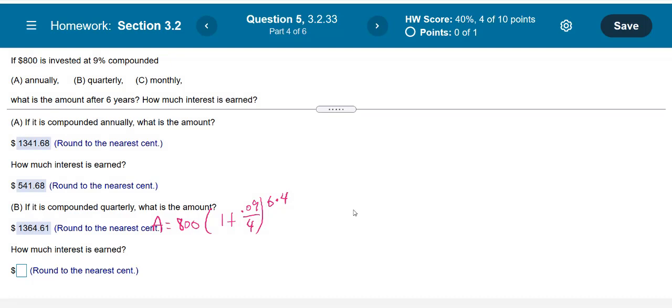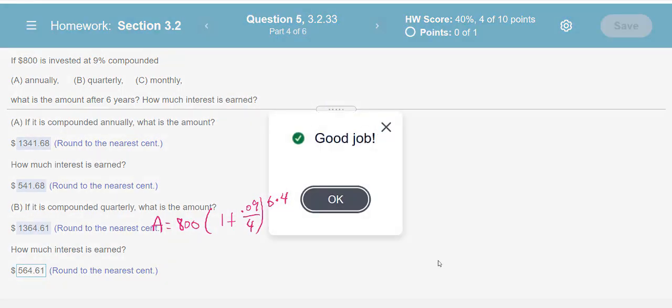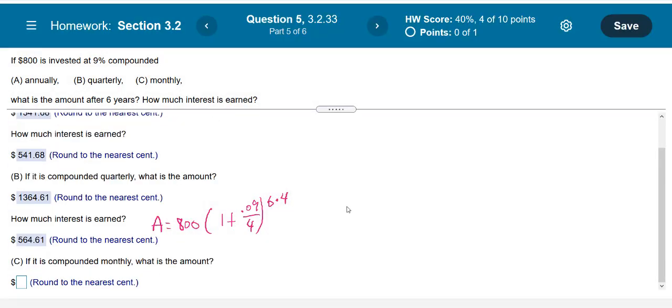And the interest would, of course, be the difference in that number and the 800. Before we go on, I'll just point out that the interest is greater if it's compounded quarterly than if it's compounded annually. The question may arise in the future.